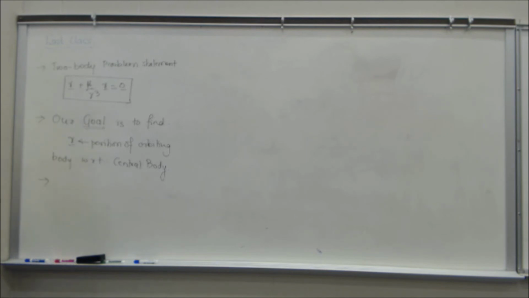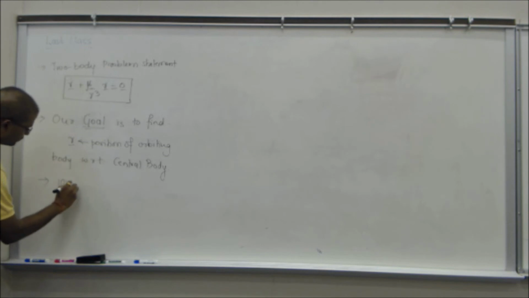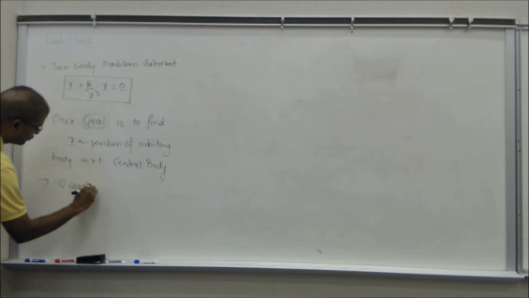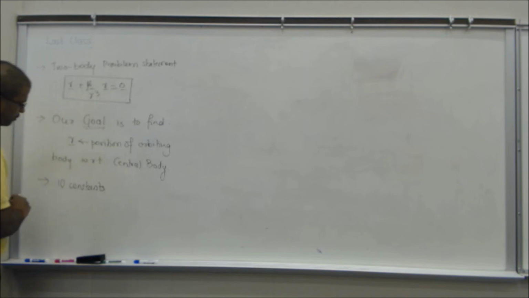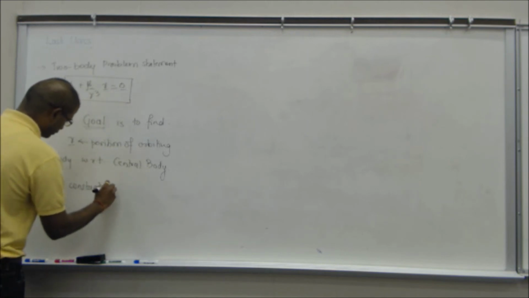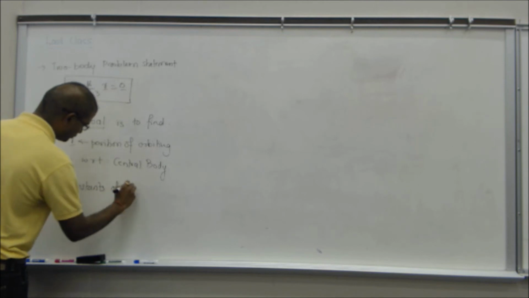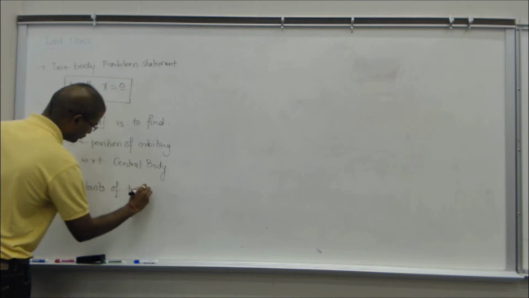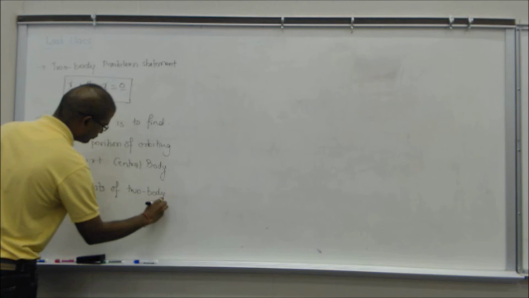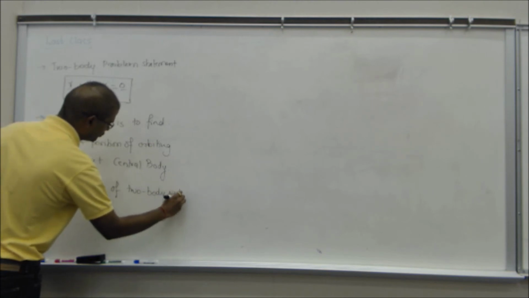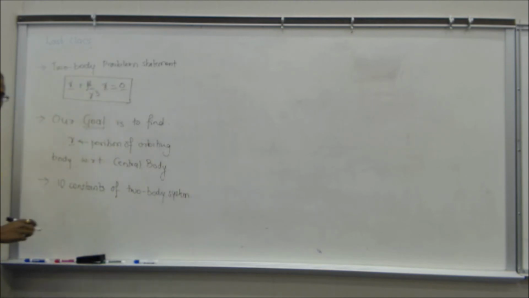We started with saying we can define 10 constants. These are called the 10 constants of the two-body system, or two-body relative motion.